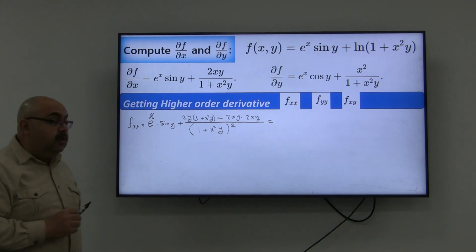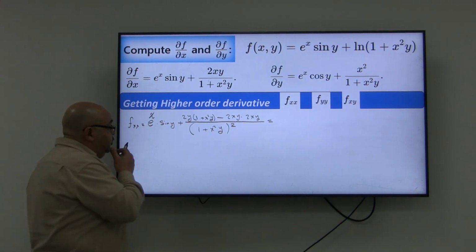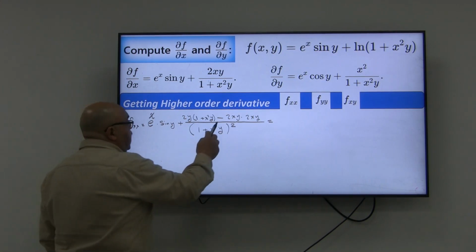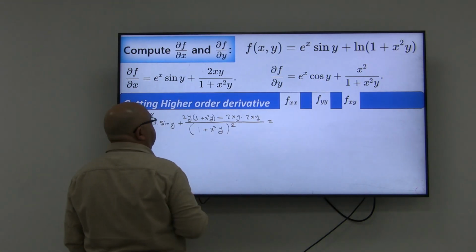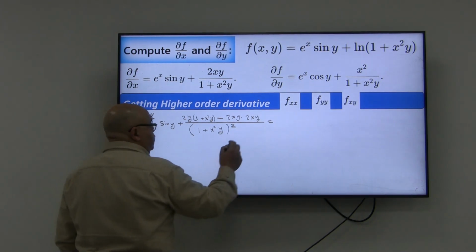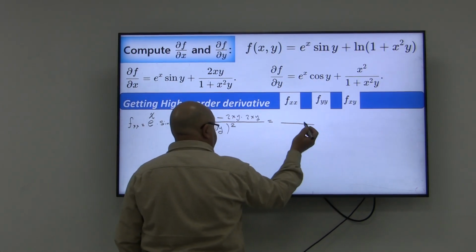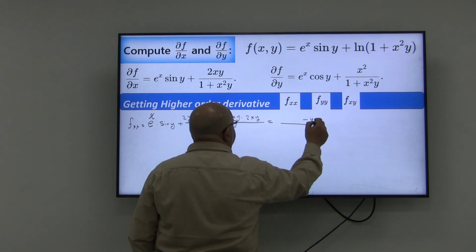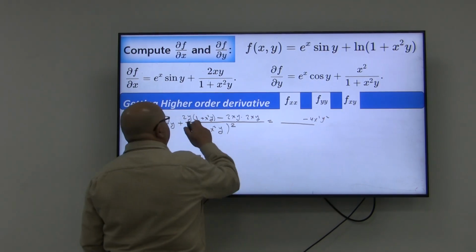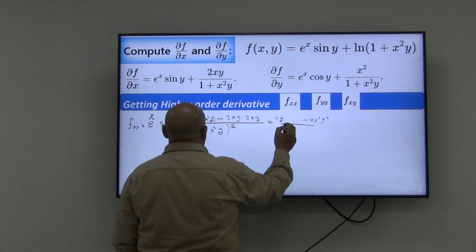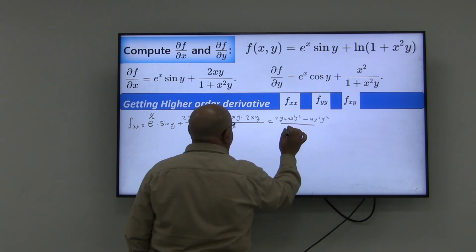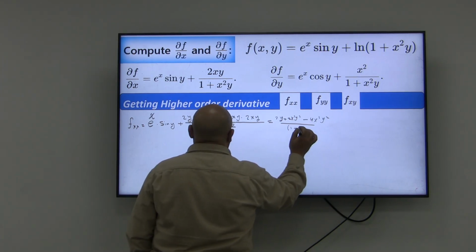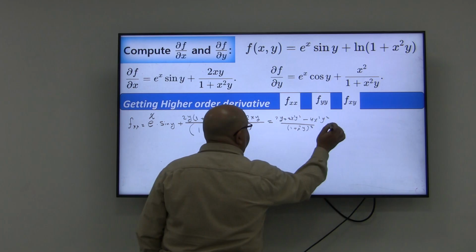Okay, so once more, this is going to be 4x squared y squared, and this is going to be plus 2x squared y squared. So if I want to simplify just a little bit for you, it's going to be minus 4x squared y squared, and this part is going to be 2y, then plus 2x squared y squared, divided by 1 plus x squared y to the power of 2.